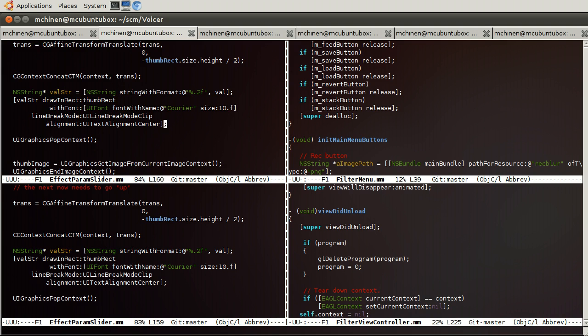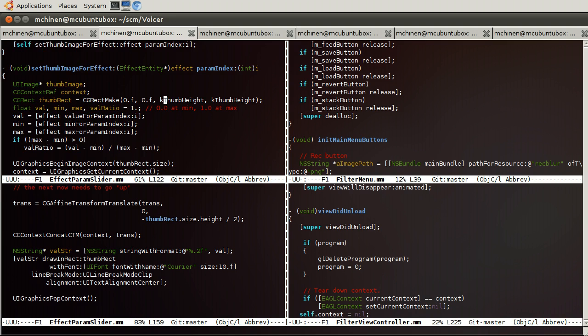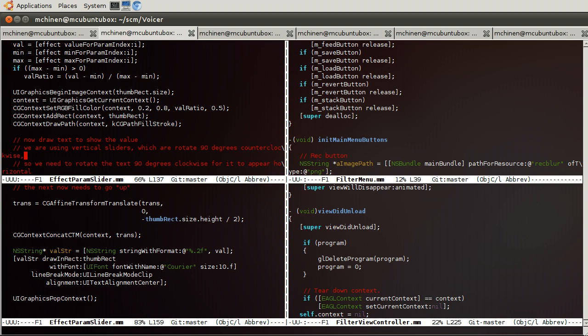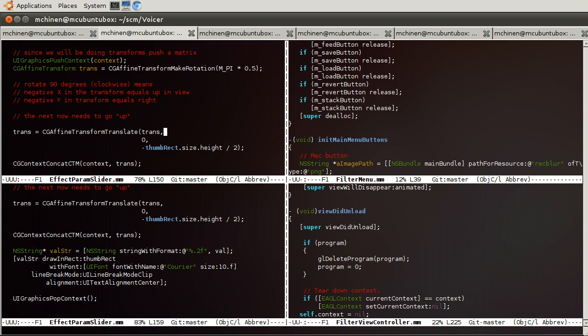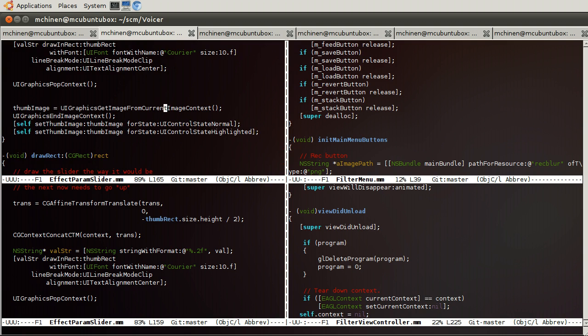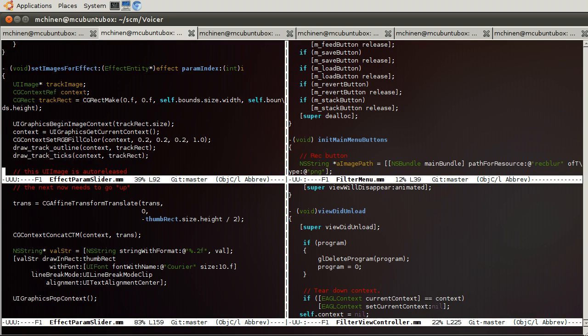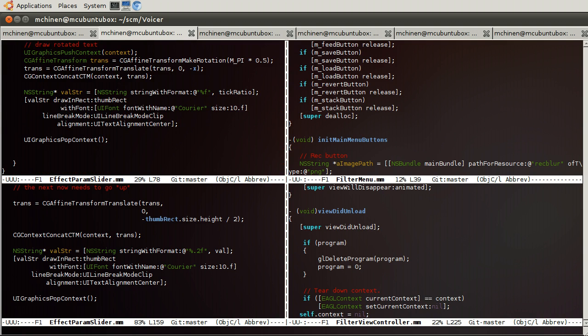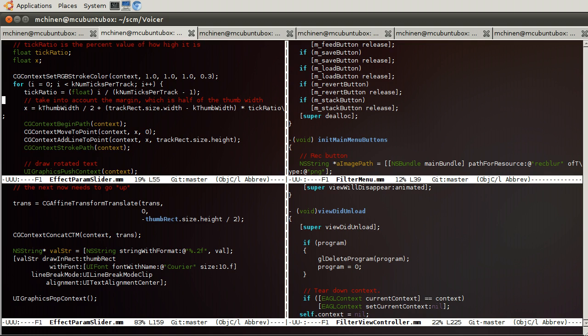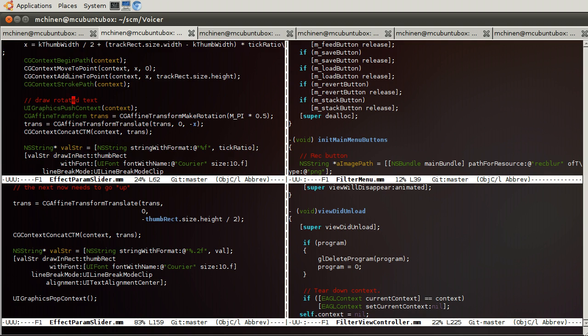Did I do that thing where I modified the wrong function? I sure hope not. Okay, is there any thumb rects? Yes, there's a thumb rect here. We just want track rect.